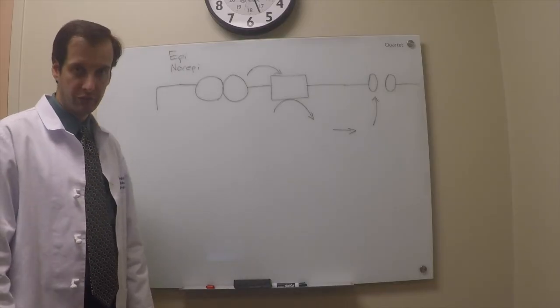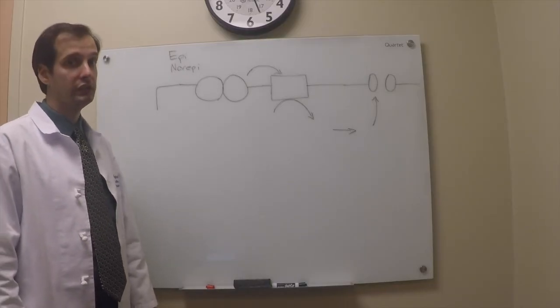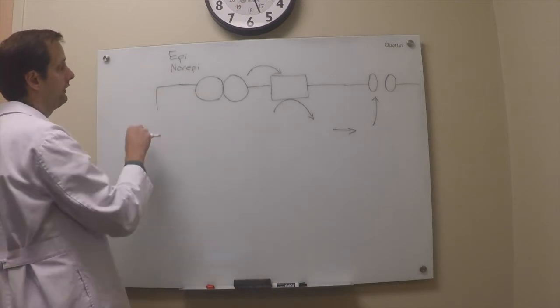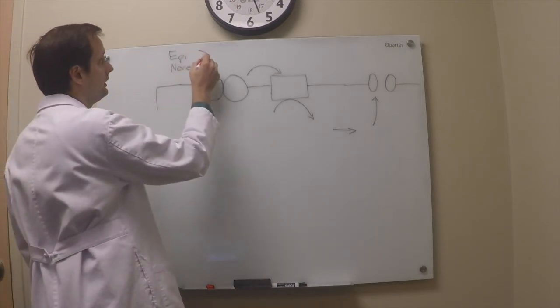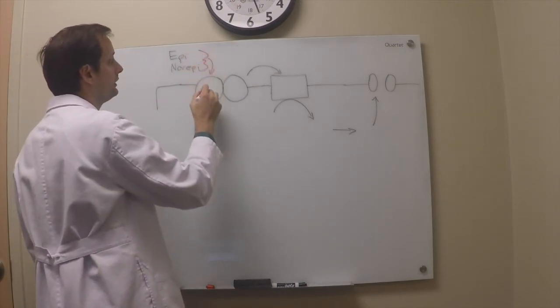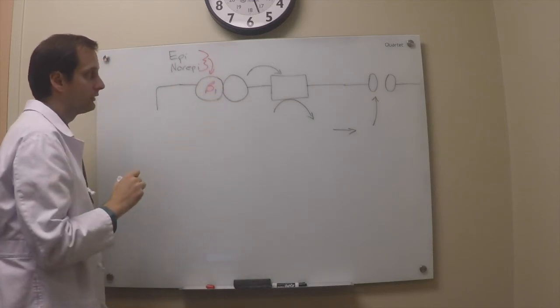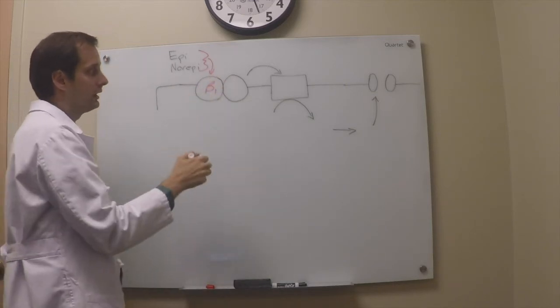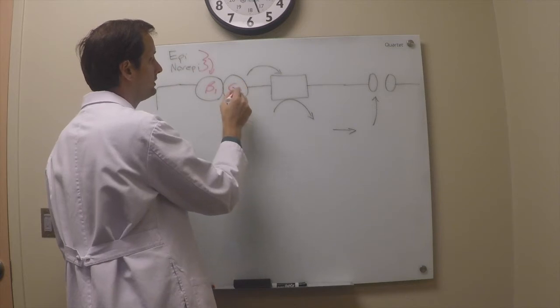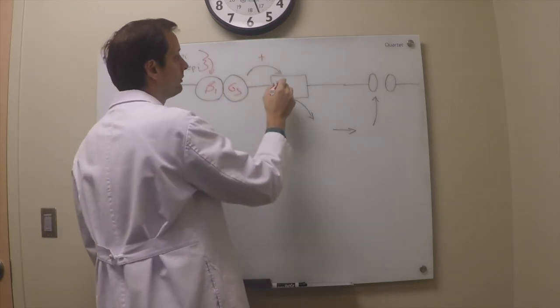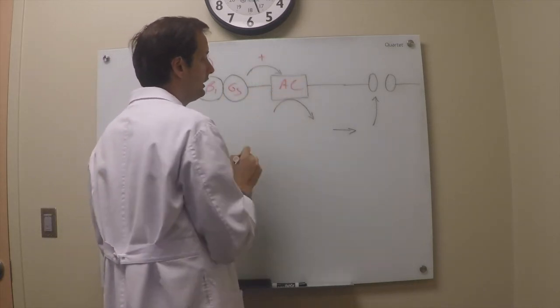To summarize the first method of inotropy regulation, if we have epinephrine or norepinephrine, these will bind to their receptor, the beta-1 receptor. The beta-1 receptor is coupled with a G stimulatory protein. This is going to upregulate our adenyl cyclase.